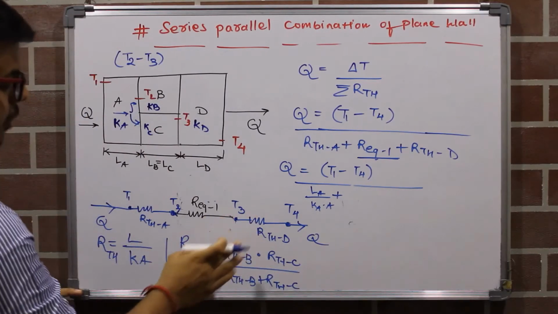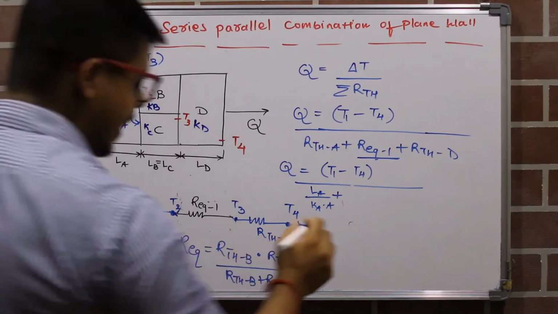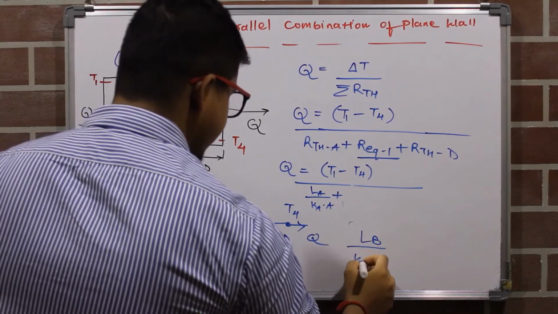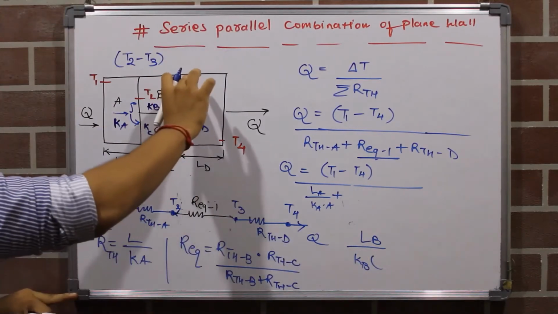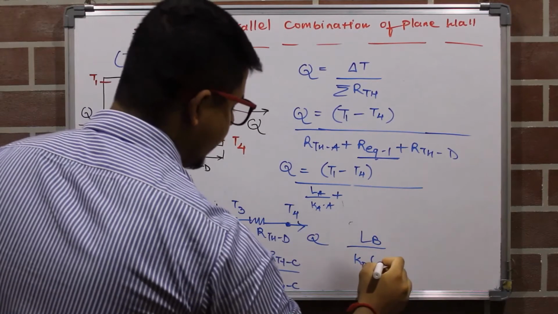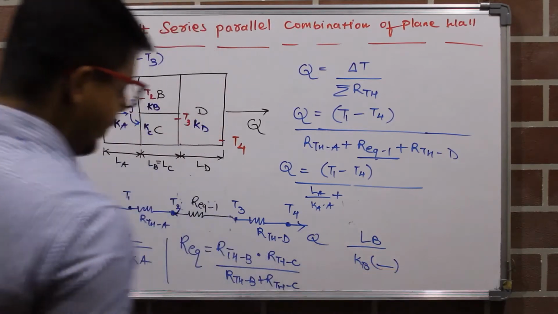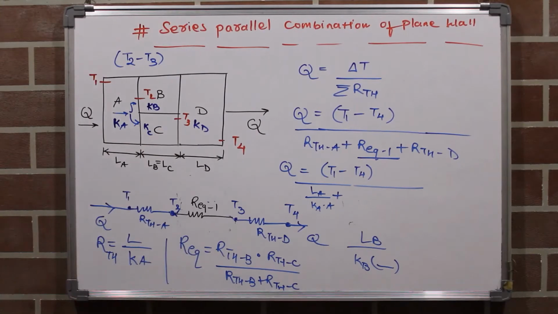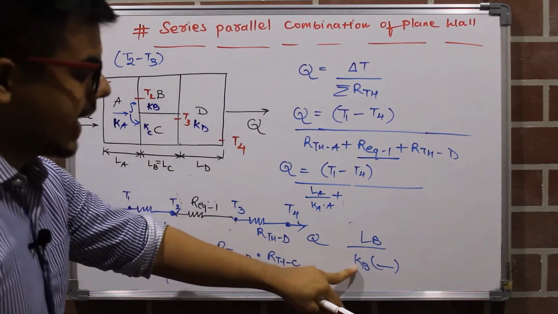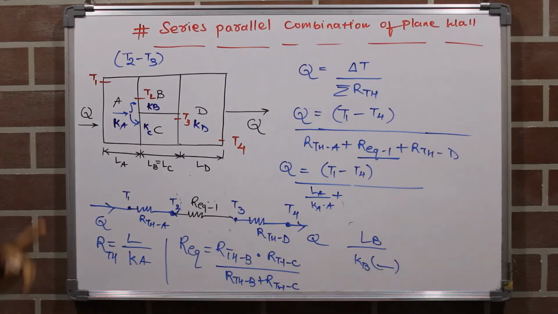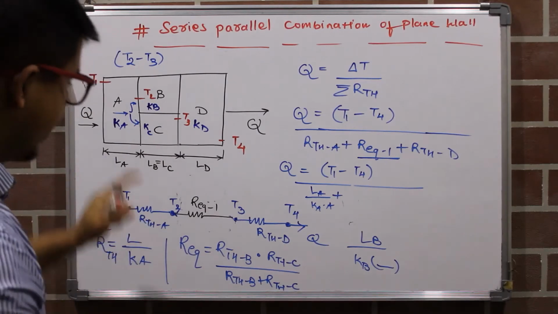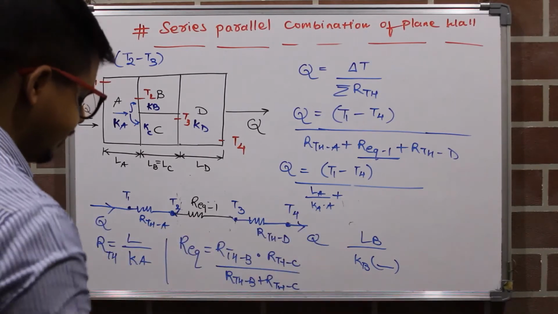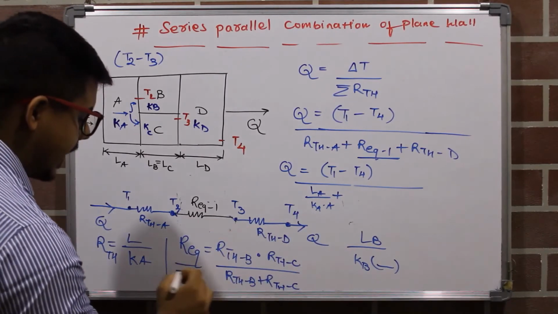So if you have to put in values, for example, RTH B will be LB by KB into the area of wall B. It will be given in the numerical. So you have to write the area, and again you have to calculate for wall C also, that is LC by KC into the area of wall C, which will be provided in the numerical. By putting in the values of A, KB and LB, you will find the value of R equivalent 1.